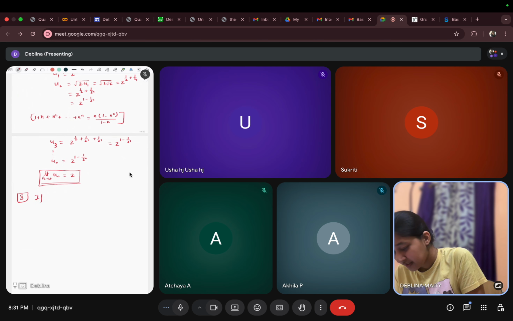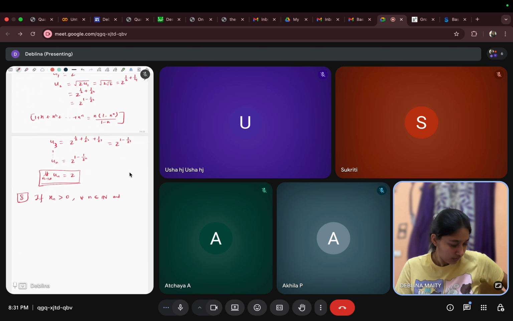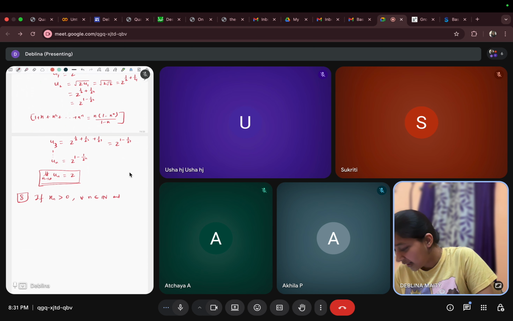If xn is strictly greater than 0 for all n belonging to the natural numbers, and limit n tends to infinity of x(n+1) by xn is x, then limit of xn to the power 1 by n is going to be x.